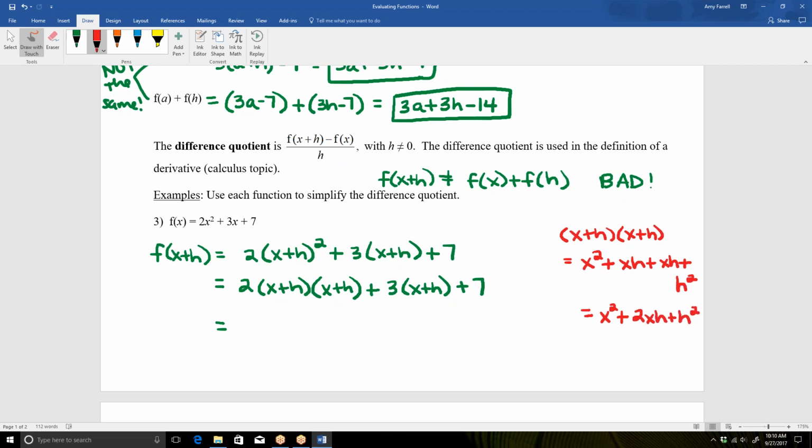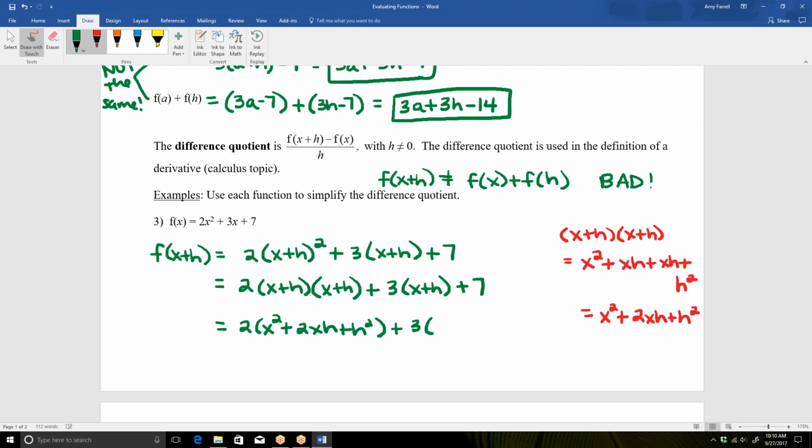So an xh plus an xh makes 2xh. Okay, so now back over here. So I've got 2 times the quantity. So I just figured out what I get when I take x plus h times the quantity x plus h. It's x squared plus 2xh plus h squared.